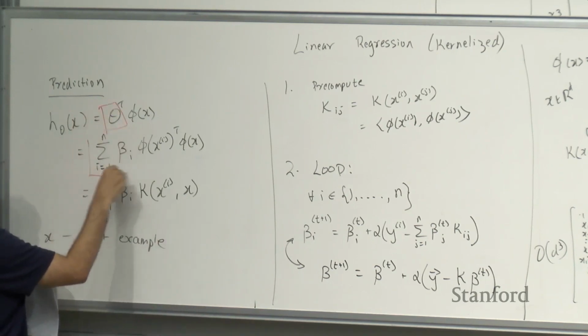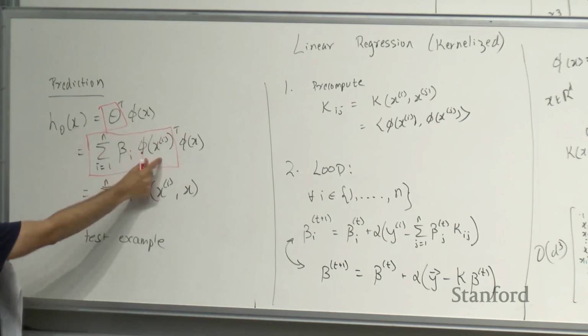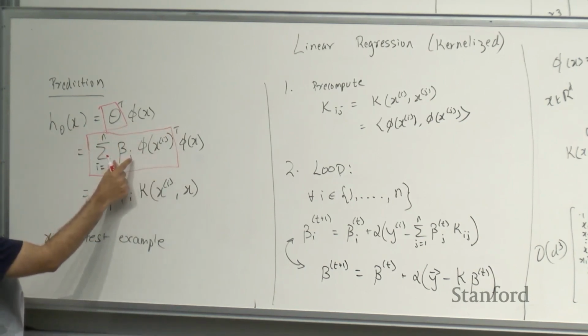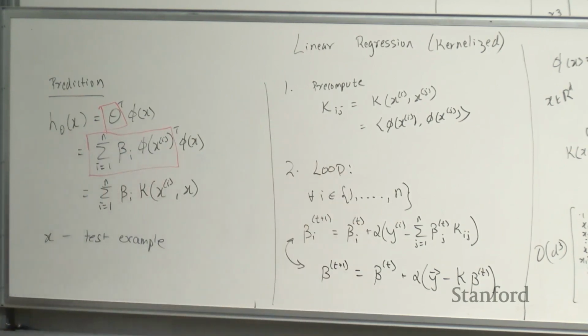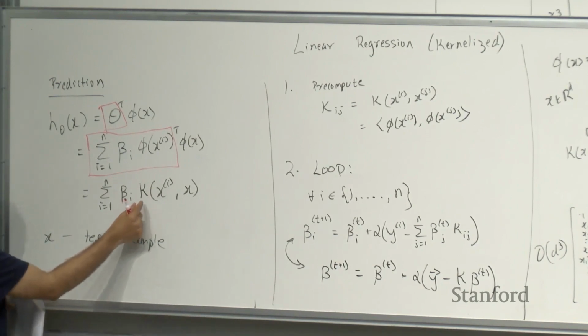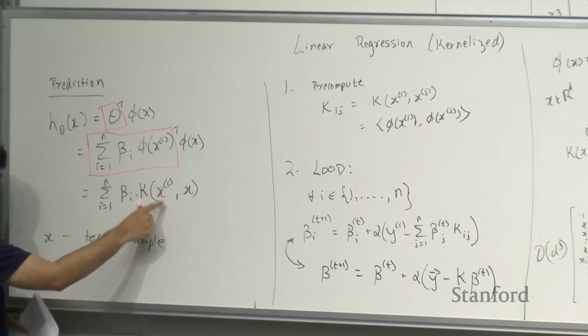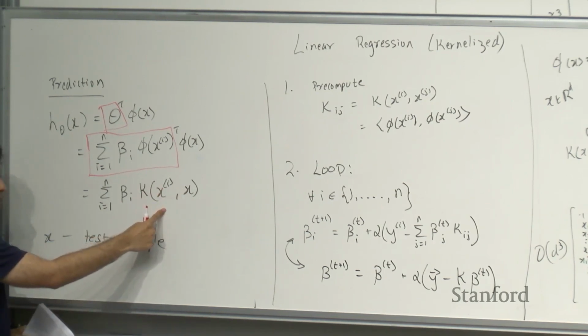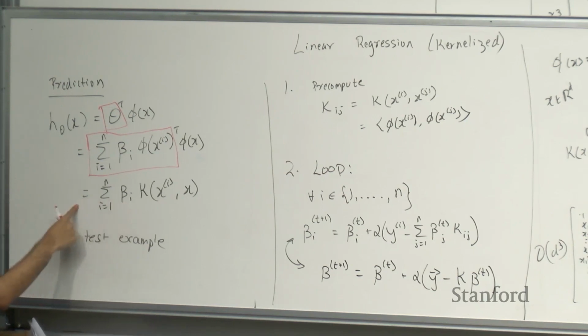We rewrite theta as a linear combination of our feature vectors, where the corresponding coefficients were learned through this algorithm. At prediction time, we evaluate the kernel between our test example and every example in our training set, multiplied by the corresponding beta coefficients, and this is going to be our prediction.